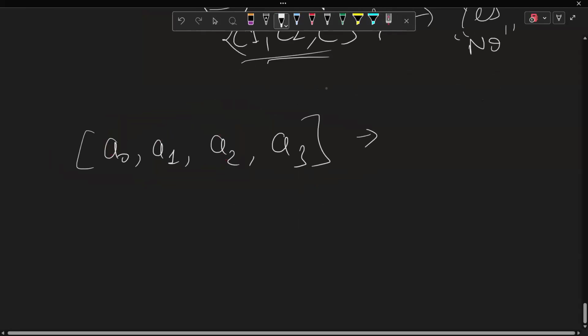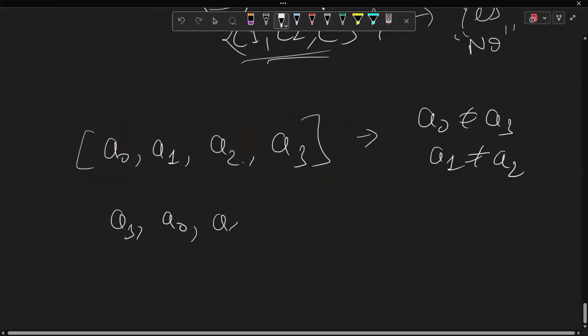So A0 should not be equal to A3, A1 should not be equal to A2. Then I would cyclic shift it. After cyclic shifting, it would become A3, A0, A1, A2. Now my comparisons would be these two and these two. So A3 should not be equal to A2 and A0 should not be equal to A1.